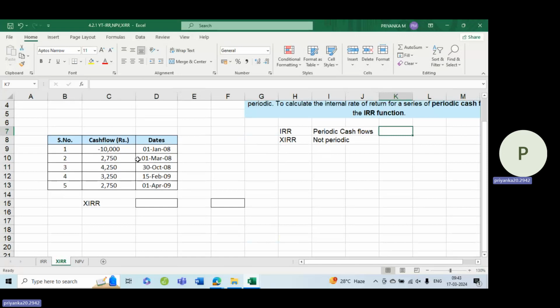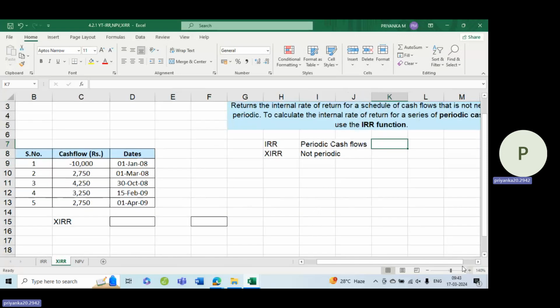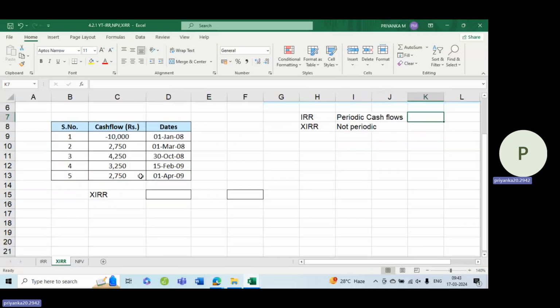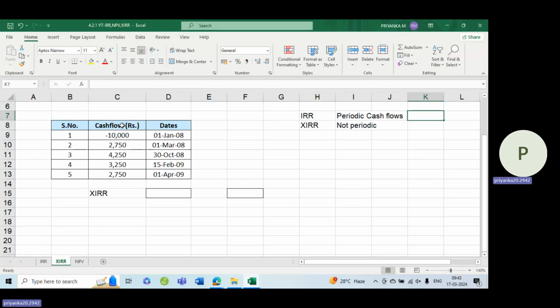Now we'll move on to the XIRR function. Here we have a cash flow. This is the cash outflow, which means the amount you are investing here, 10,000.